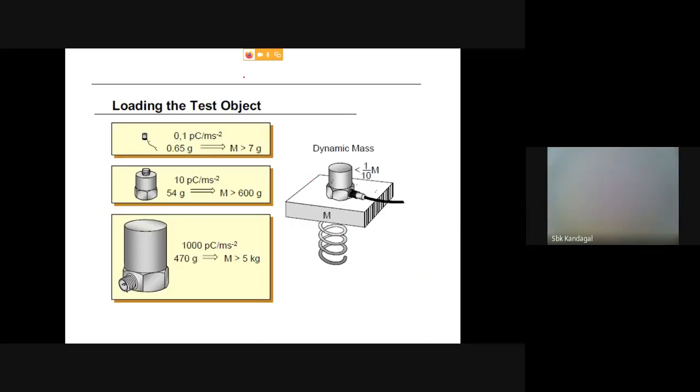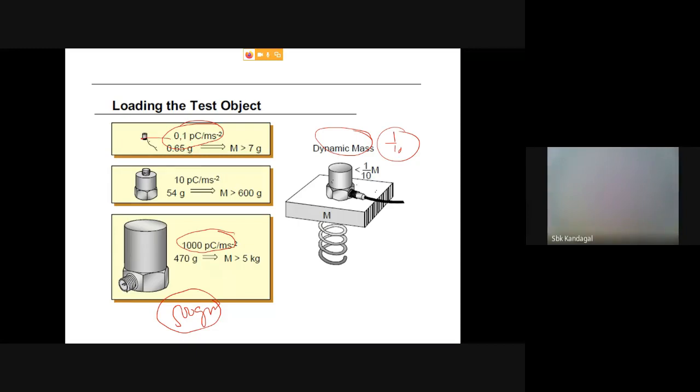And ensure that the mass of the accelerometer is 1/10 of the mass of the structure. This is always better to use. This is what I was telling you: around a 500 grams accelerometer, which we have used for the tall chimney of 205 meters. It has got 1,000 picocoulomb per meter per second square. And this one you see, which we used for the purpose of our spark plug, is 0.65 grams and 0.1 picocoulomb.